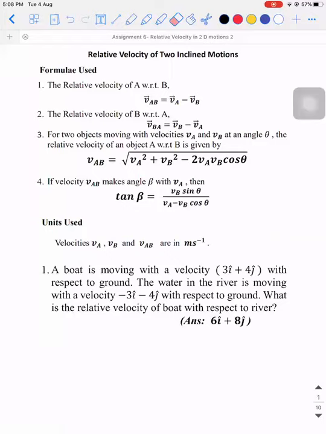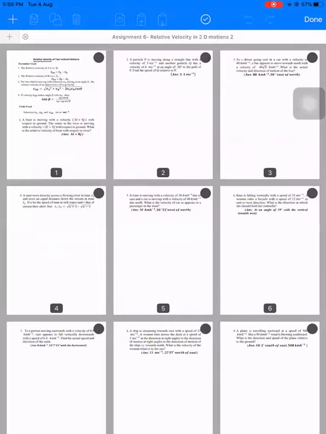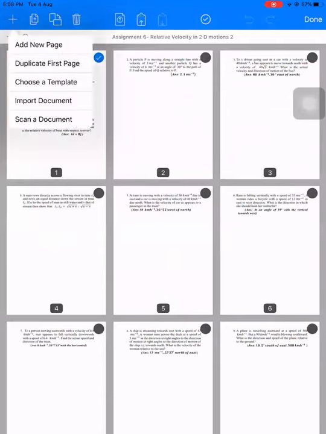There is only one simple formula, and that is what is going to give you the answer for all the problems in this chapter. Okay, so the concept of relative velocity we have already dealt with in the previous chapter, right? You remember that.